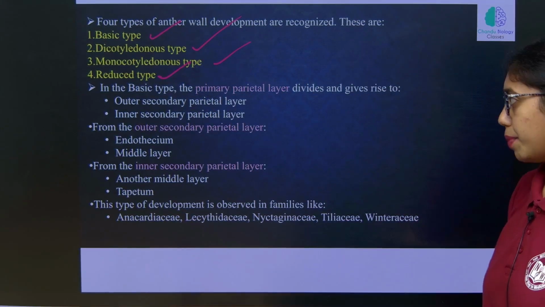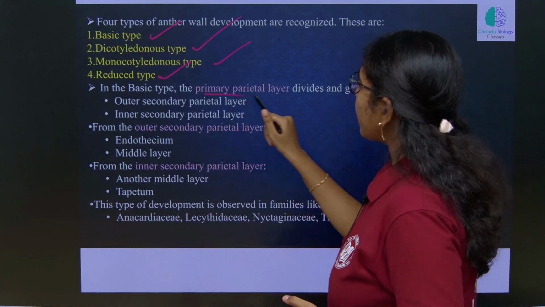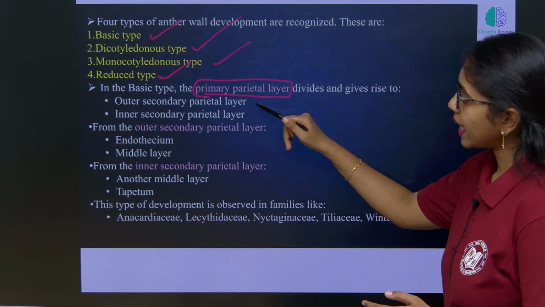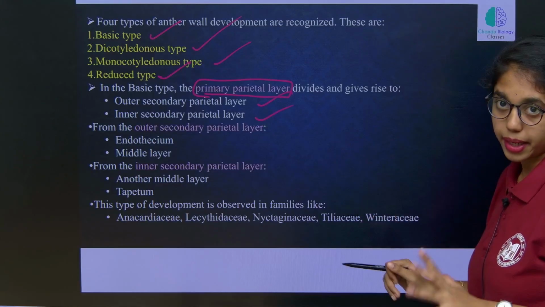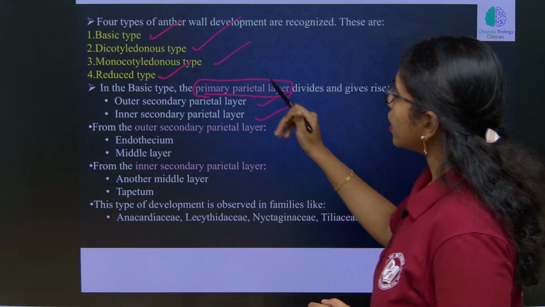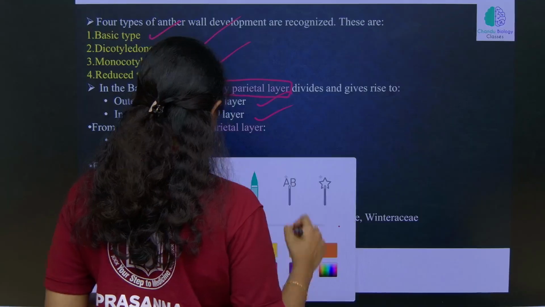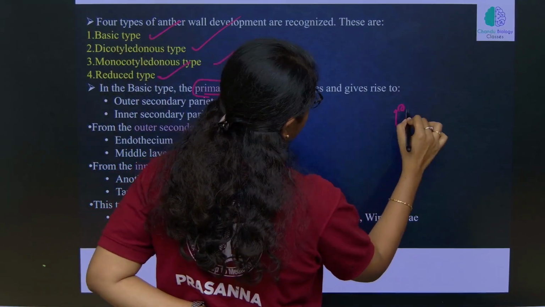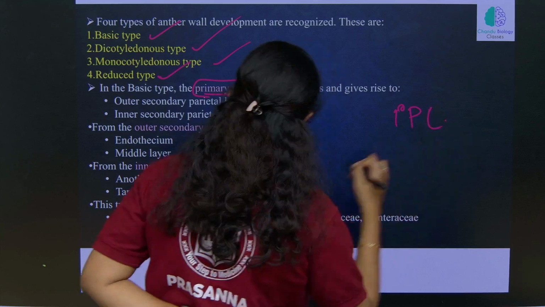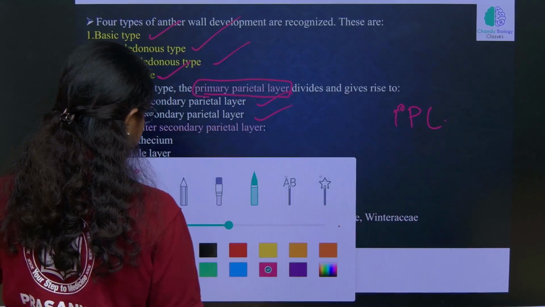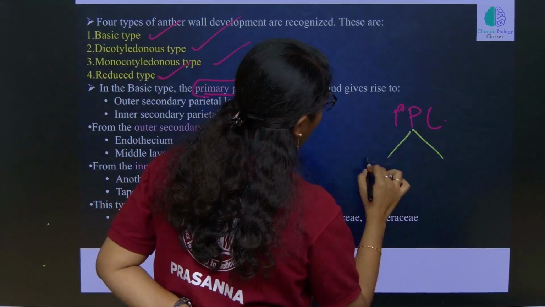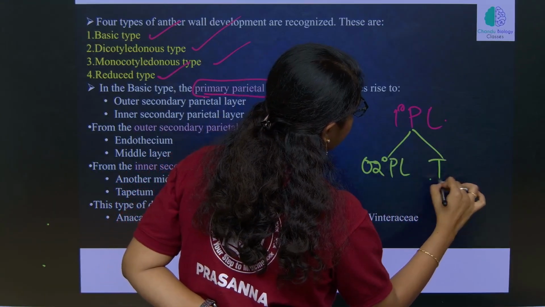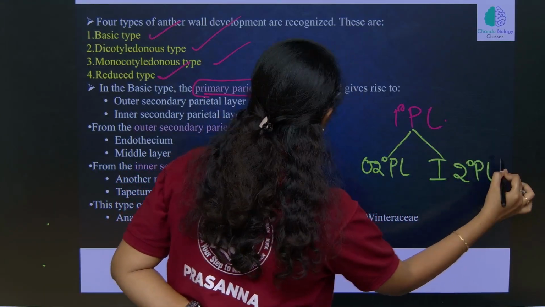In the basic type, the primary parietal layer will divide and give rise to an outer secondary parietal layer and an inner secondary parietal layer.